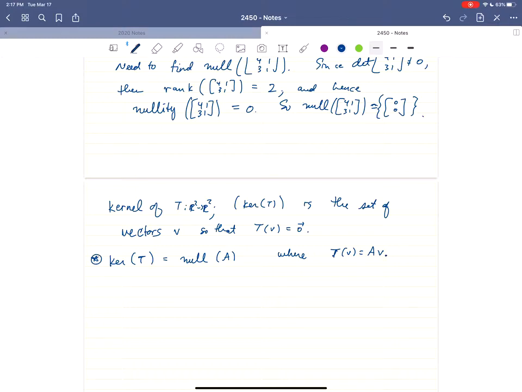The kernel, though, is defined for all sorts of linear operators, regardless of whether we're going from R2 to R5 or matrices to polynomials or whatever your vector spaces are. The kernel is going to be defined on those. And so what I want to do is I want to prove a few things.